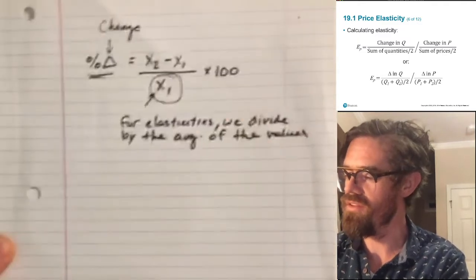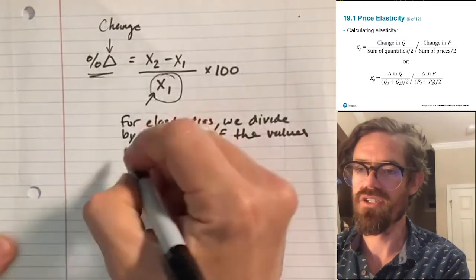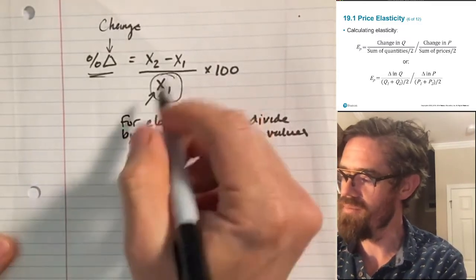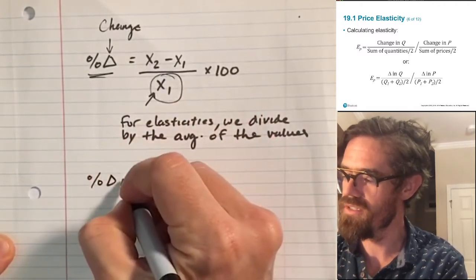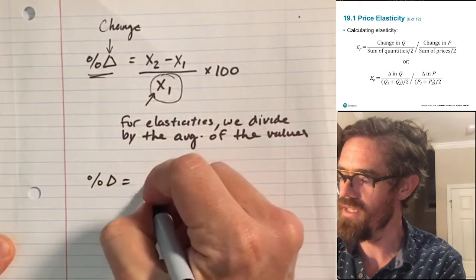So rather than dividing by the original value, we actually divide by the average. So this is how we're going to calculate percent changes for elasticities.